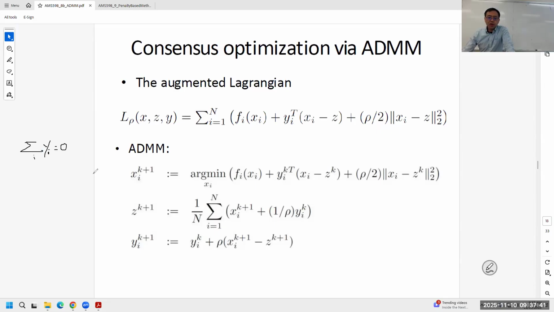Let's lay out some results here. If you divide yi by rho, we can write it as another parameter mu. Therefore, the summation over i of ui is also equal to 0, where ui is equal to yi divided by the parameter rho.